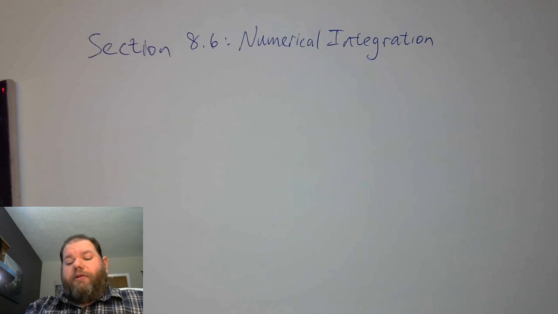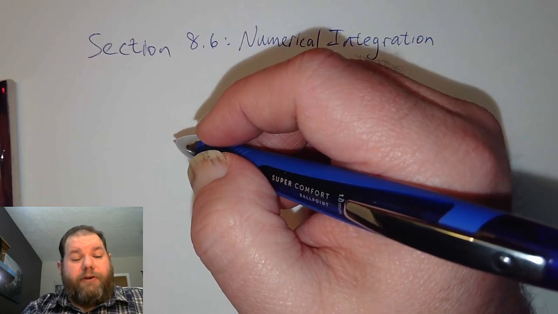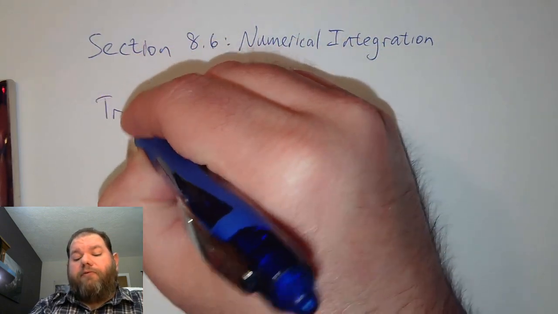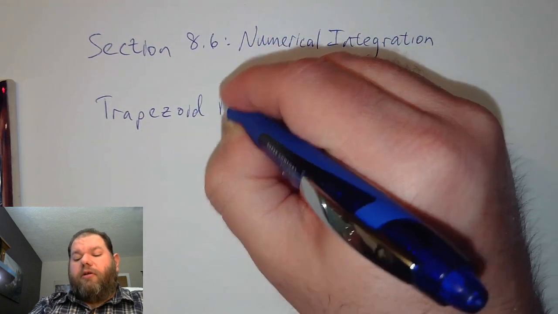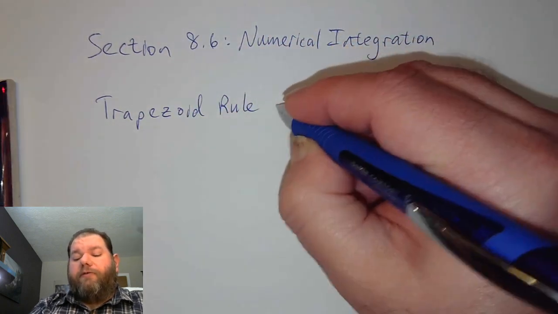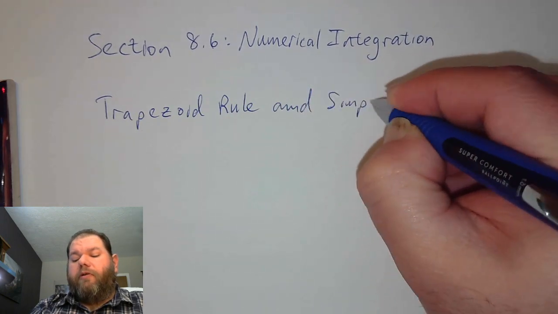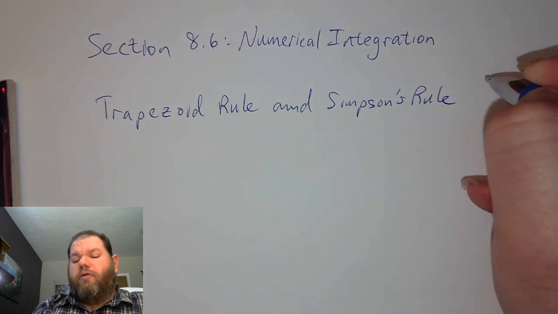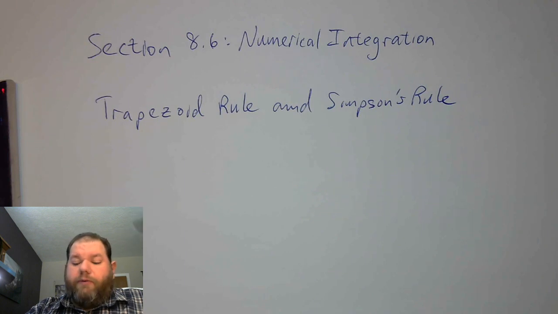Now, there's two processes in particular I'm interested in covering here: one's called the Trapezoid Rule, and the other is called Simpson's Rule. Okay, so let's start off with the Trapezoid Rule.